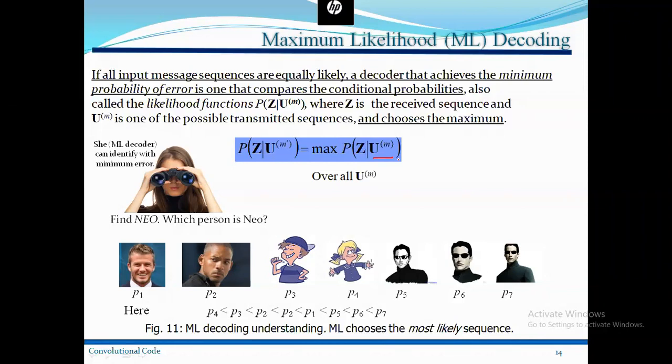These conditional probabilities are like a Markov process, in which we depend on the previous code words or the previous bits as well. And we maximize the conditional probability of the overall sequence.